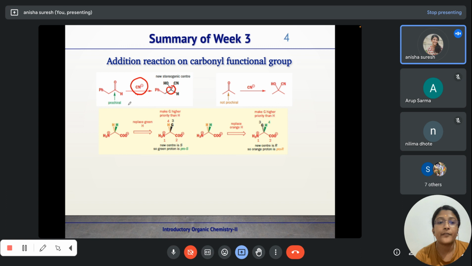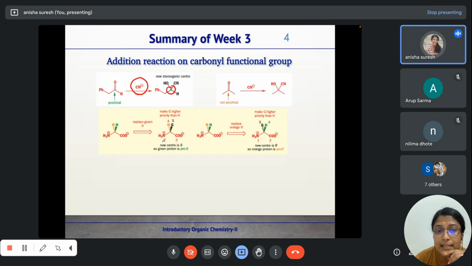So now we will see the example of glycine. If we replace the green hydrogen with a group called G, make G higher priority than hydrogen. So this G is a group having higher priority than hydrogen. So what will be the nomenclature? How will we assign nomenclature?